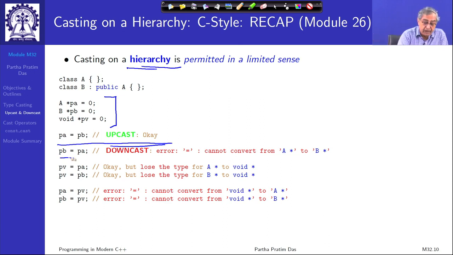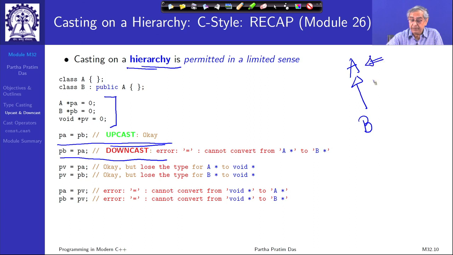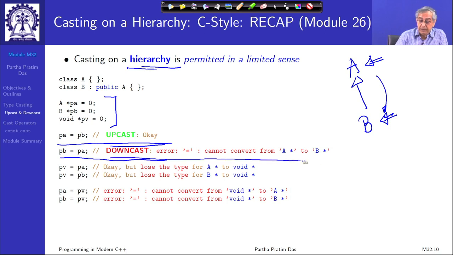But if I do the other way around, which is downcast, that is, trying to take an object of class A and treat it as an object of class B, I will have severe consequences. We have seen examples of that reproduced here. So, this is something which will not be implicitly allowed. With void star, you are saying that it is a pointer to I do not know what.